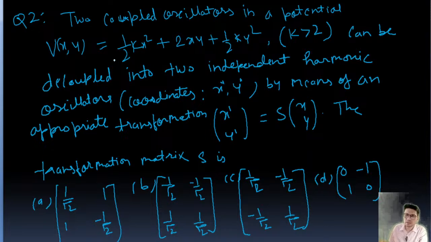The question is given, so understand the question. Two coupled harmonic oscillators, made of two harmonic oscillators, in a potential half k x squared plus 2xy plus half k y squared, can be decoupled into independent harmonic oscillators, with coordinates x dash and y dash respectively, by an appropriate transformation, x dash y dash equals S x y.